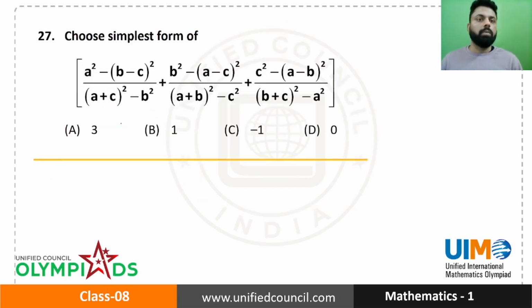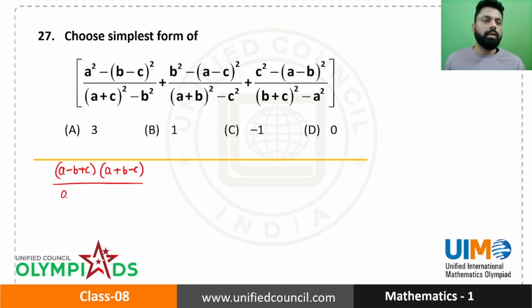Choose the simplest form of it. Over here, a square minus b minus c whole square, and this is a plus c whole square minus b square. So this is a minus b plus c, a plus b minus c divided by a plus c minus b, a plus c plus b.